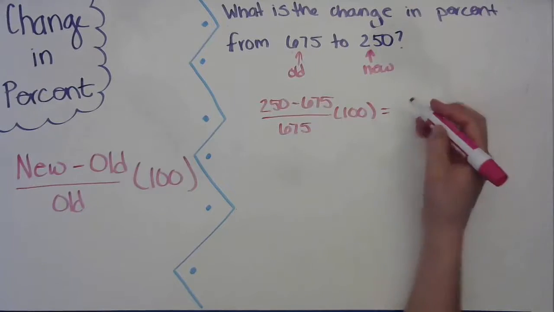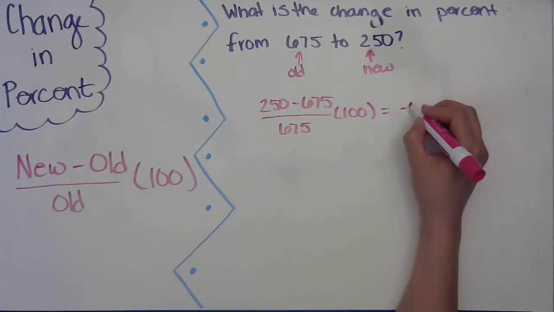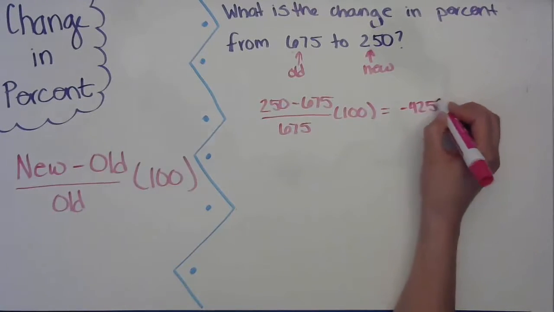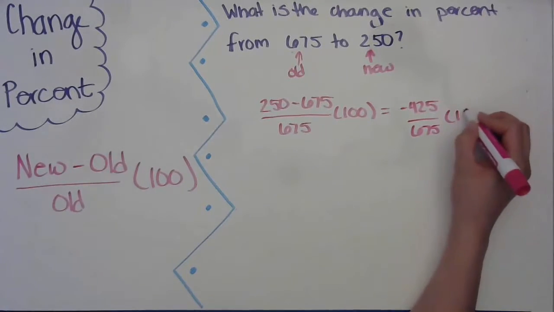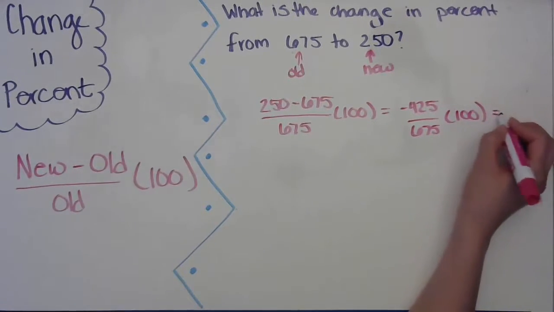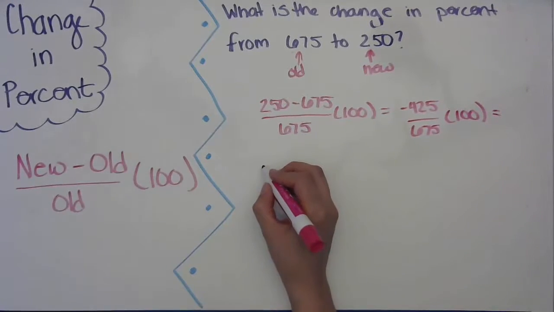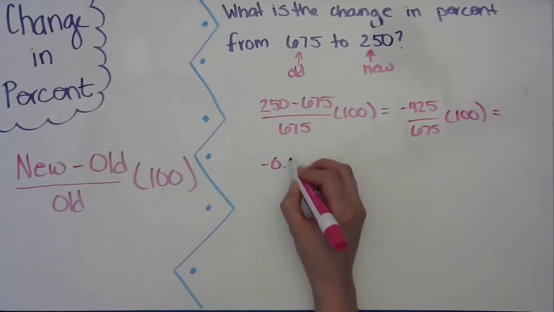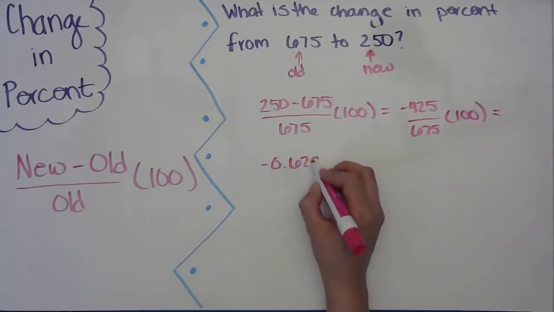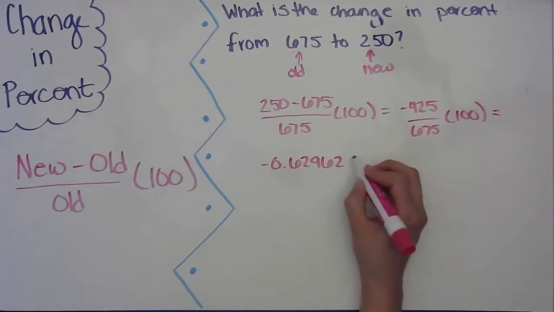When you subtract these two, that's going to give you a negative 425 divided by 675 times 100. We divide these out, and that is going to give you negative 0.62962.